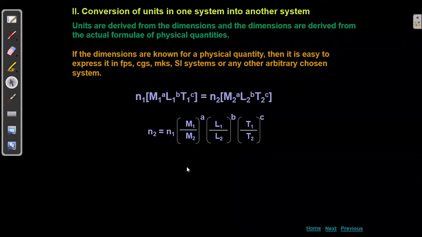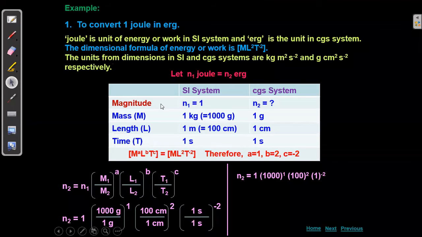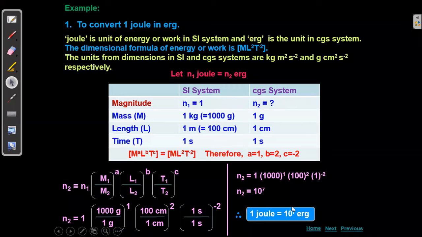Newton is the bigger unit, so we have written its magnitude as 1, and the smaller one's magnitude we are finding. Now we have ended up with 10 to the power of 7 erg. I hope it is clear. We will move on to the next one.